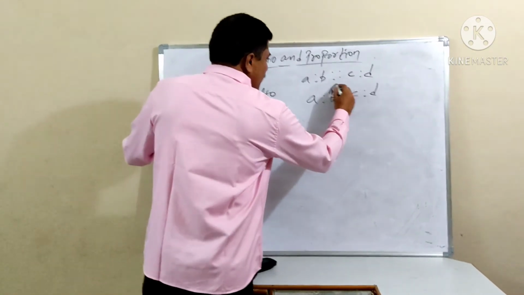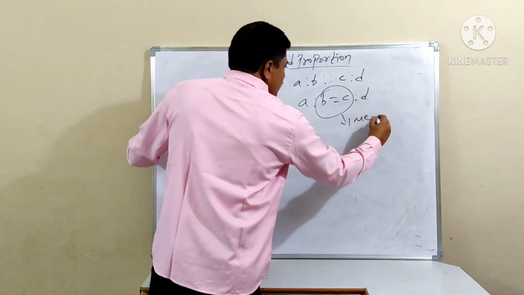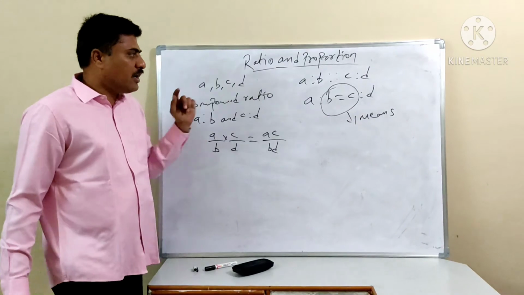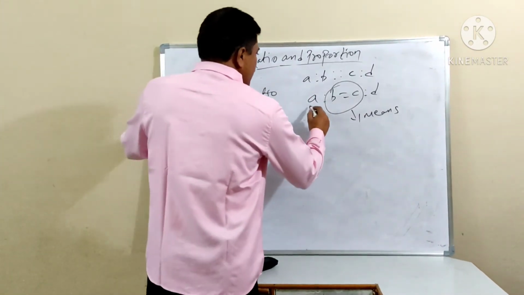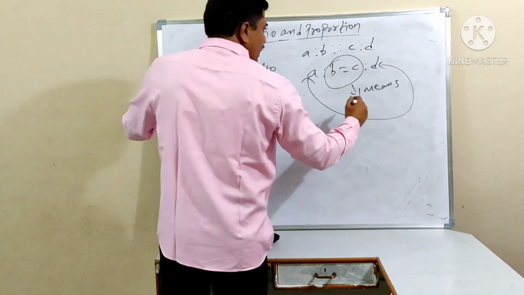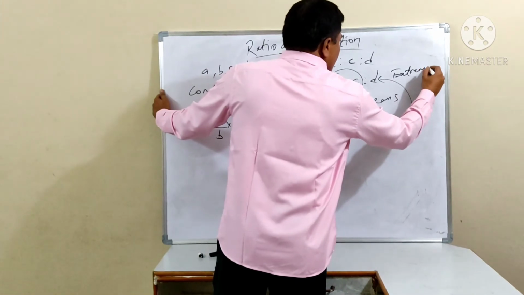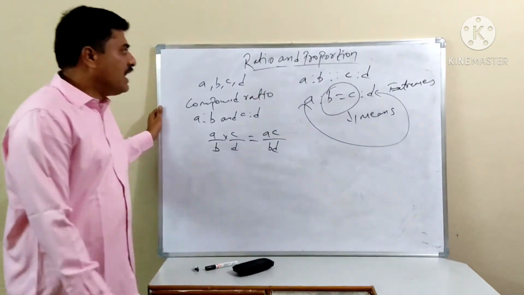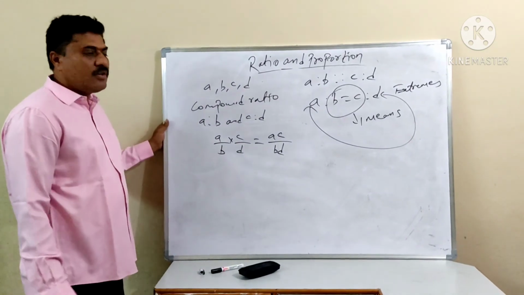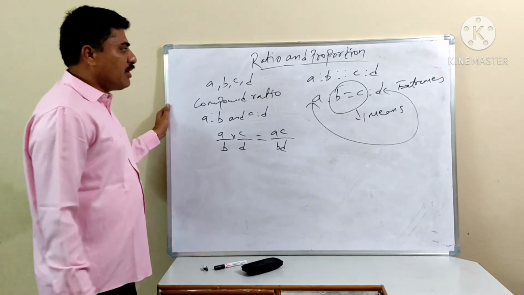Here, the middle two terms B and C are called means. The second quantity and third quantity, that is B and C, are called means, whereas A and D are called extremes. First quantity and last quantity are called extremes. Second quantity and third quantity are called means. So when you can say that the four quantities are in proportion?